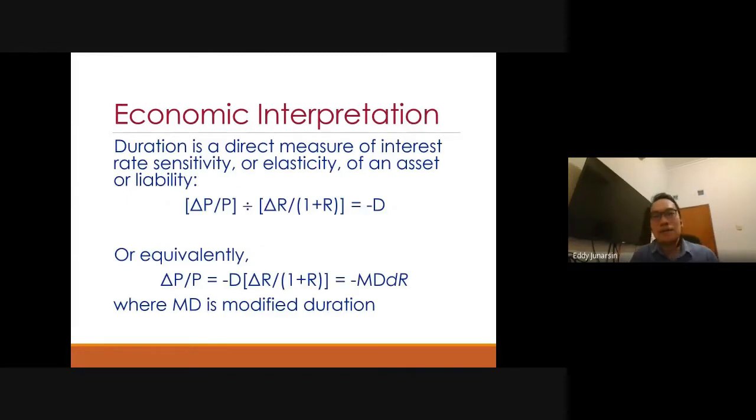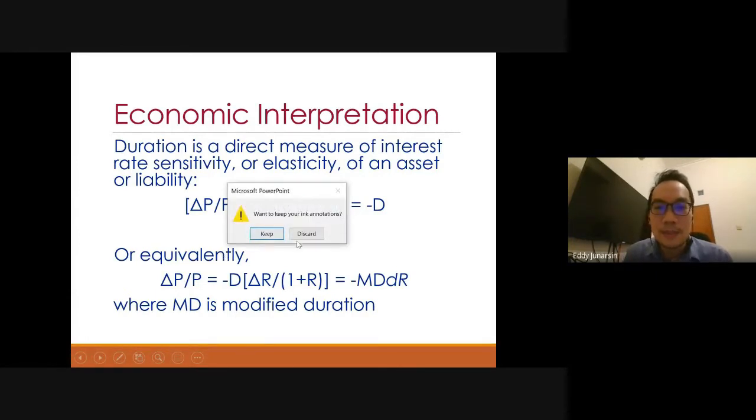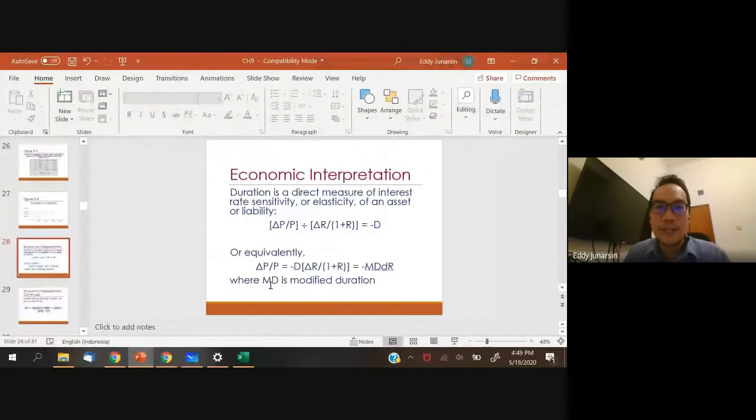Okay, so we'll start now with the economic interpretation. So we have seen again the two special cases. Those were for zero coupon bond and for the console bond.